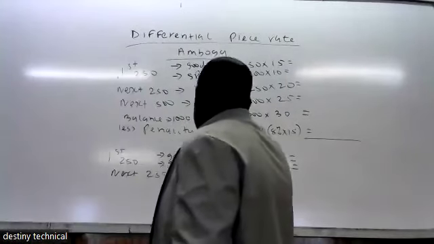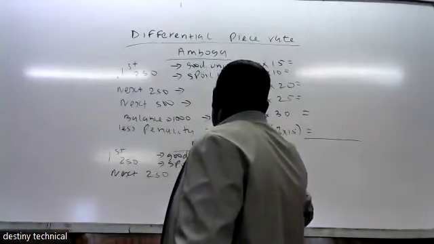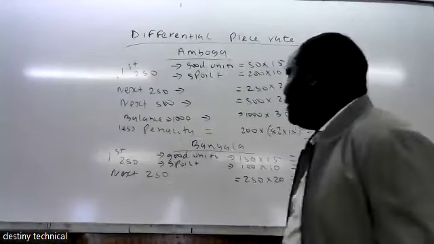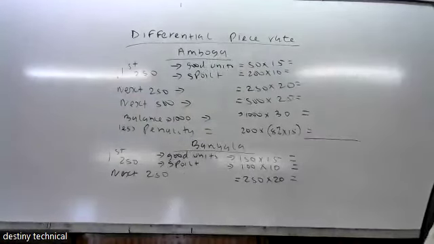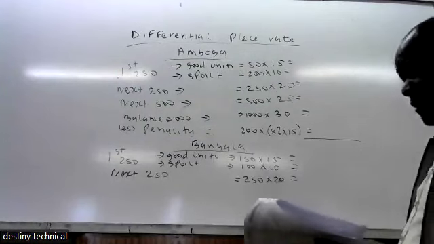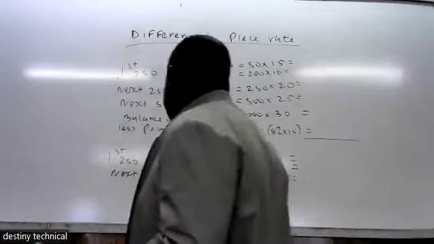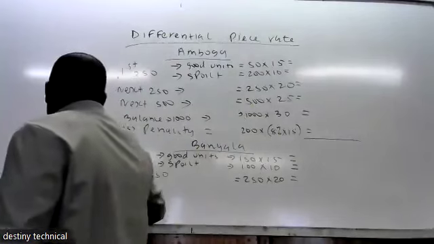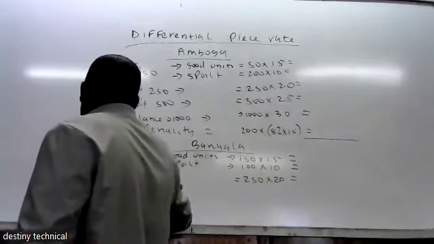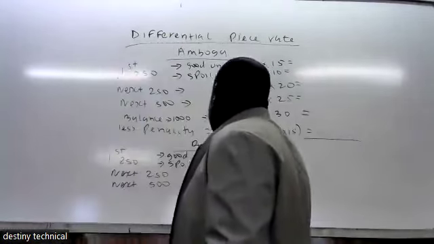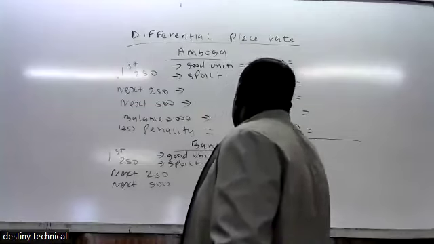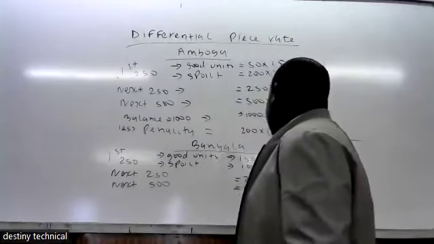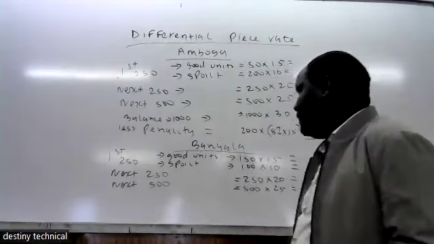So this one, you simply take 250 multiplied by 20. Then the next 500. So the 500, you charge them at 25.